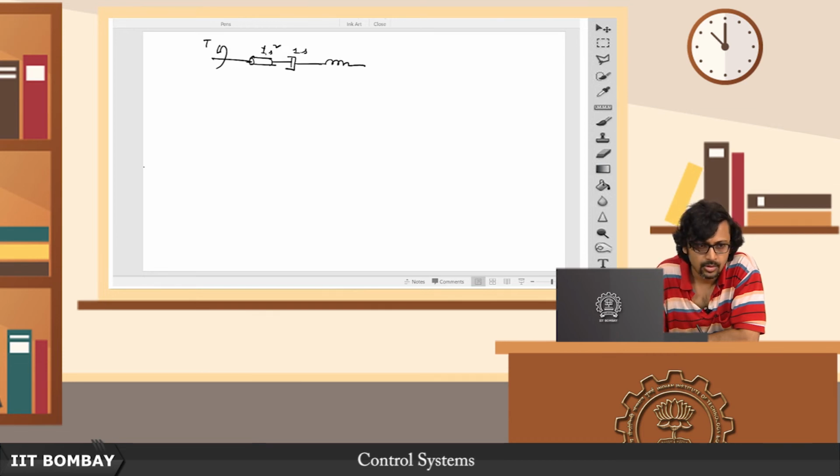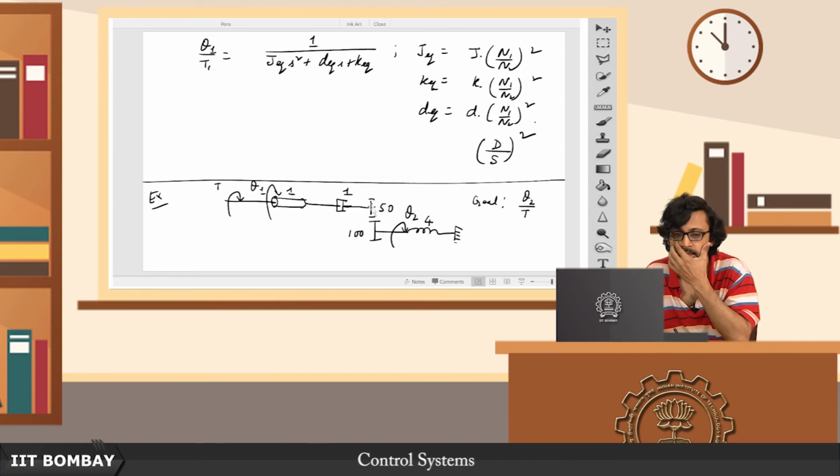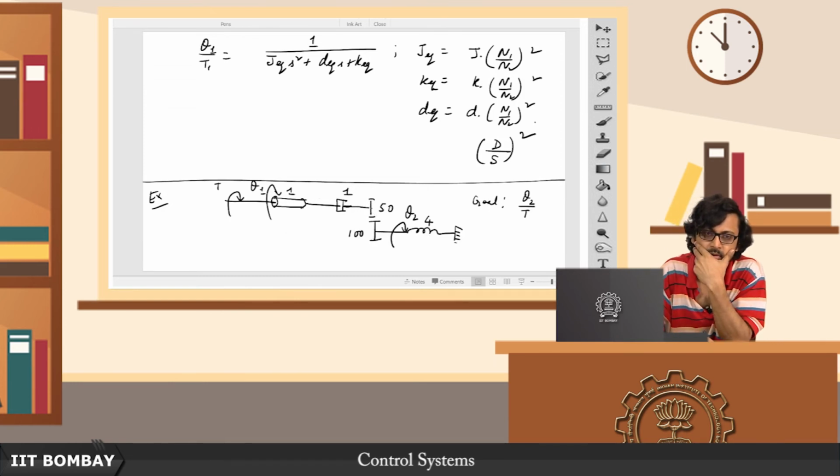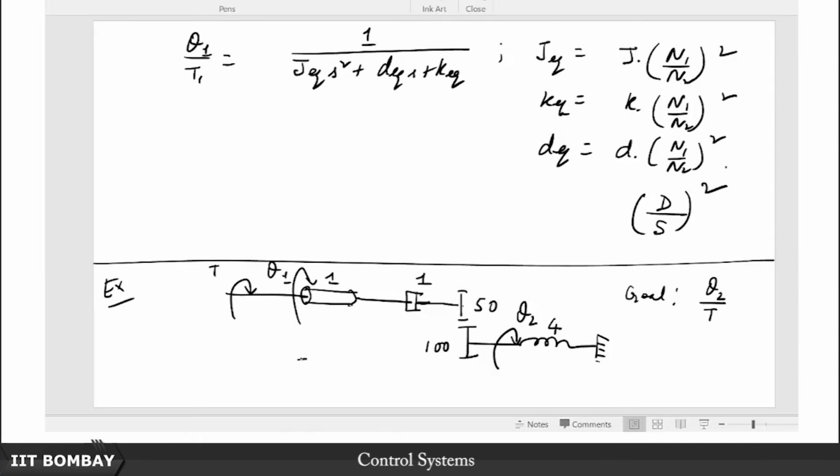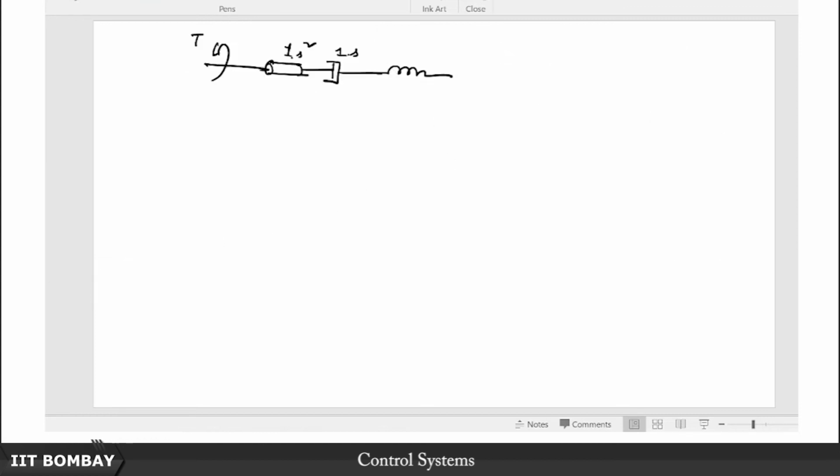But now we are reflecting this, so what is the destination side? 50. What is the source side? 100. So what is going to be my transformation ratio? It's 50 by 100 squared times 4, which you can check is just unity. So when this spring gets reflected on this side, it carries with it a stiffness of unity, and now I have gotten rid of this.